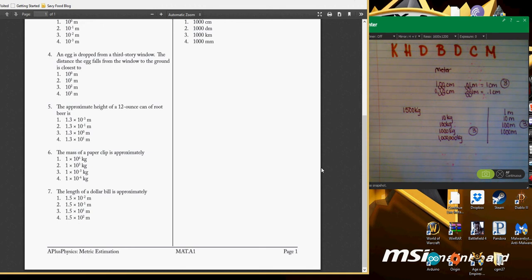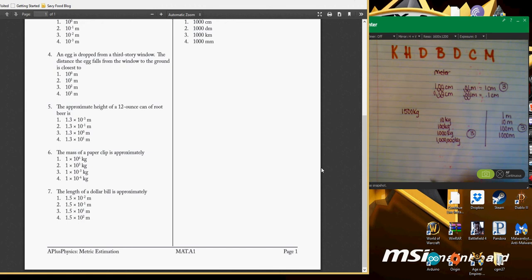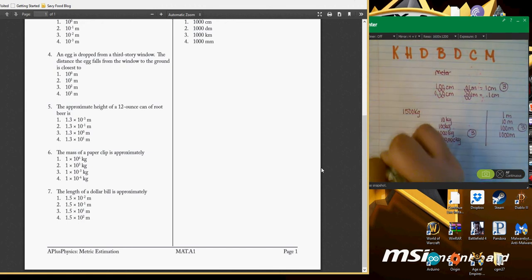So if the paperclip is 10 to the power of -3, that means my answer is going to be 0.001 kilograms. So that's for one paperclip, 0.001 kilograms.